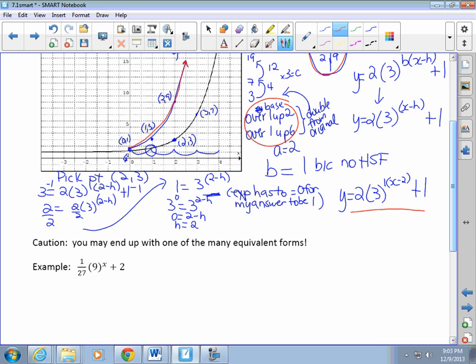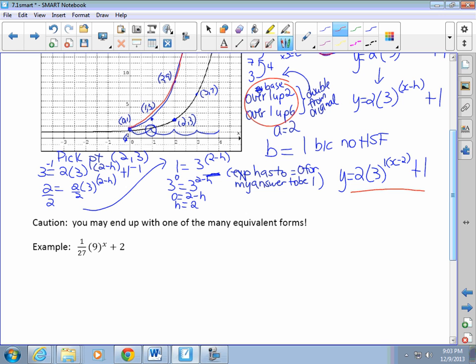Sometimes with fractions, or they could put a negative in there, especially with this example down there where there's a fraction in there, they might not write it in that form, or when you solve it, it might not look exactly like that. 1 over 27 is the same as 1 over 3 to the power of 3. 9 then could be written as 3 squared, so 3 squared to the x plus 2.